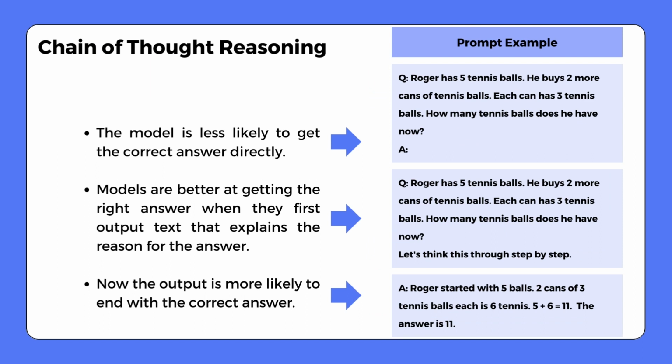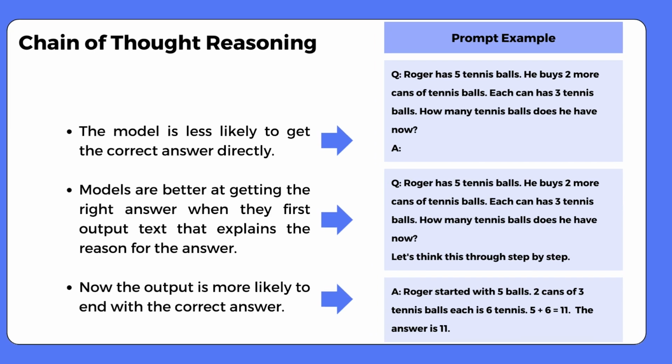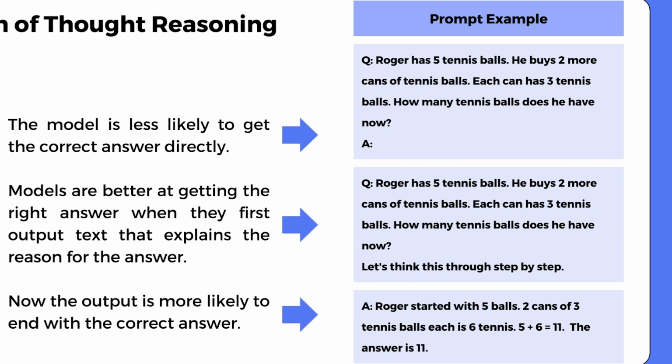Now it's time to explore an interesting concept: the chain of thought reasoning. This is an observation that models are more accurate in producing correct answers when they first generate a reasoning pathway or chain leading to the answer. Let's consider a simple example. Roger has 5 tennis balls and buys two more cans, each with 3 balls.